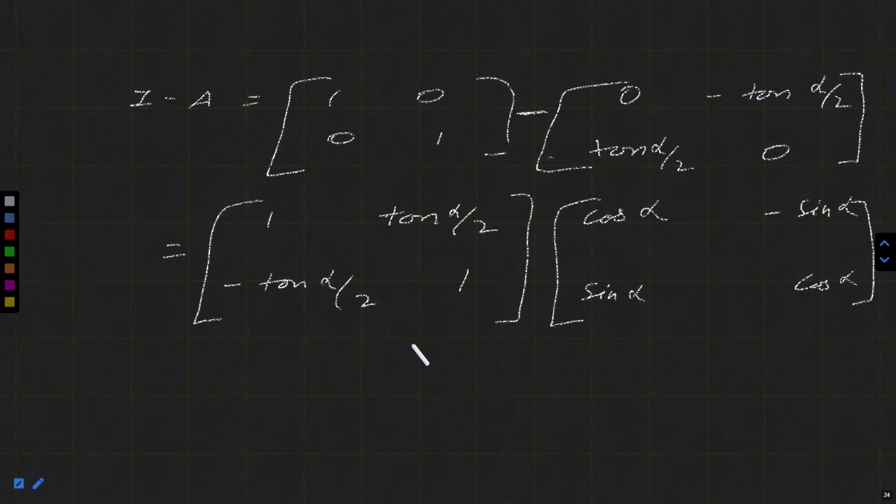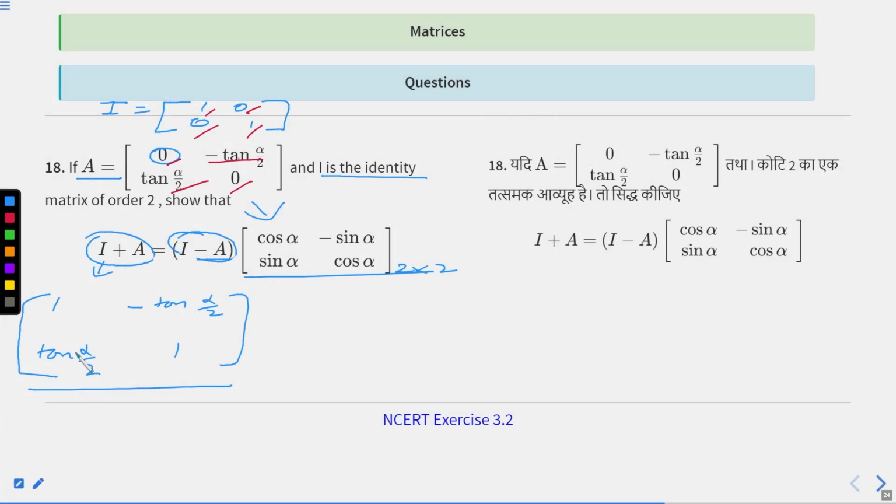One thing is very clear, that on the left hand side we want our terms to be in terms of tan alpha by 2.